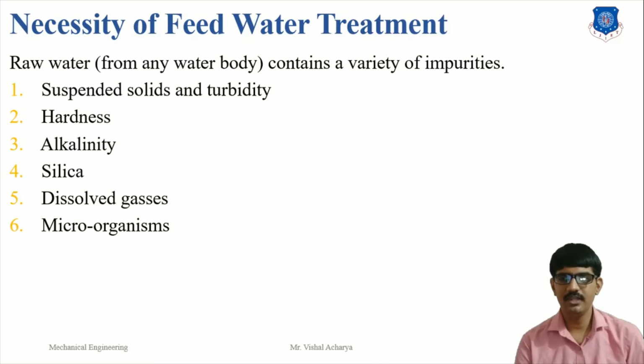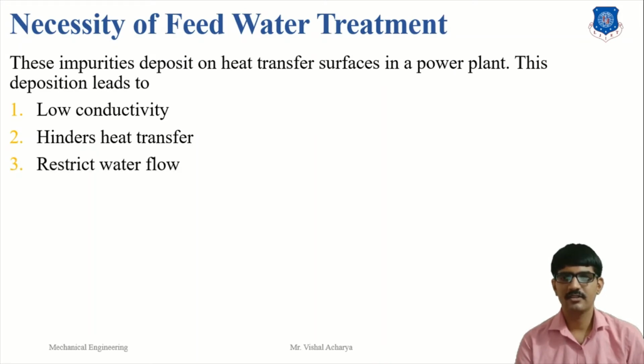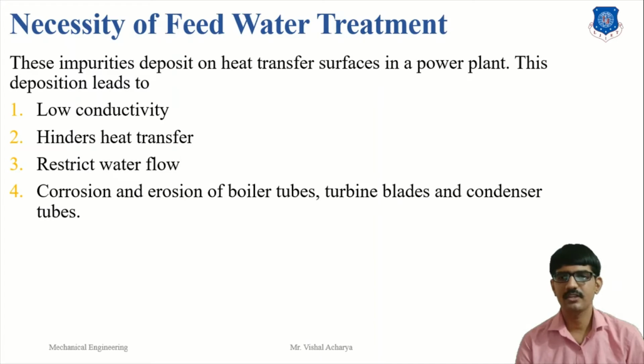These impurities affect the heat exchangers of a power plant. The deposition leads to low conductivity, hinders heat transfer, restricts the water flow, and causes corrosion and erosion of the boiler tubes, turbine blades and condenser tubes.